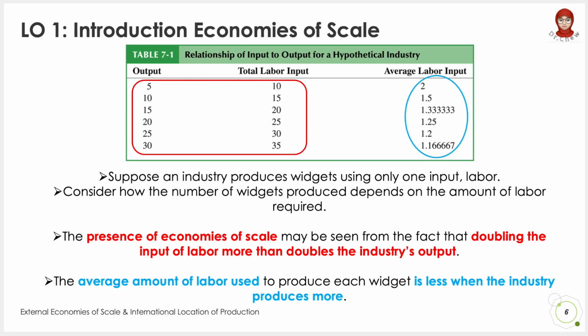Equivalently, the existence of economies of scale may be seen by looking at the average amount of labor used to produce each unit of output. If output is only 5 widgets, the average labor input per widget is 2 hours, while if output is 25 units, the average labor input falls to 1.2 hours.